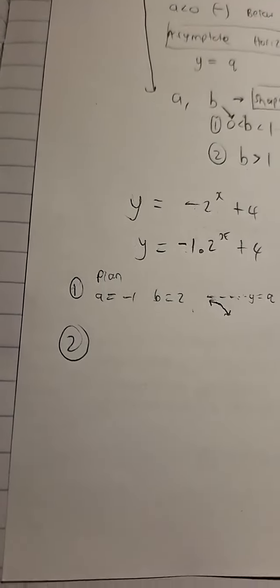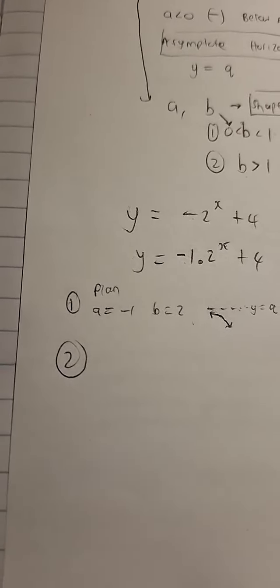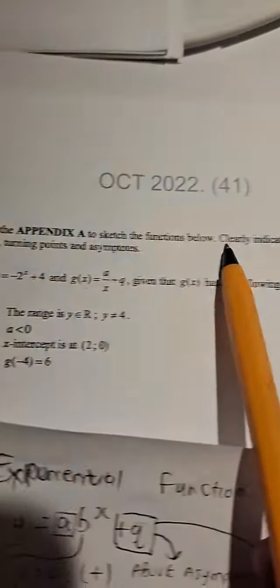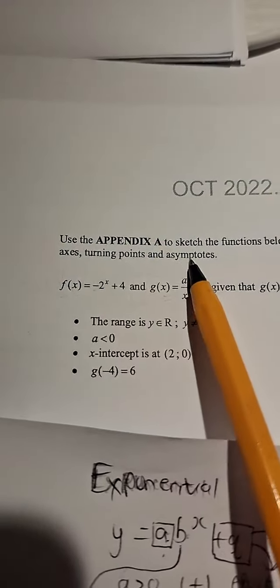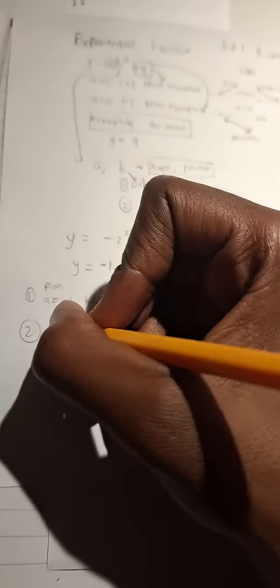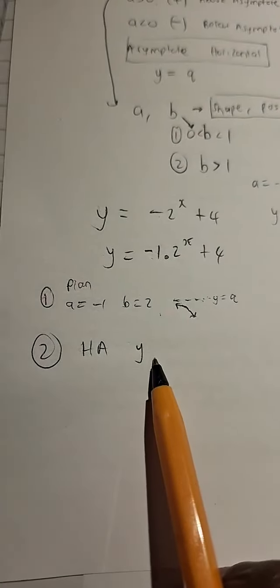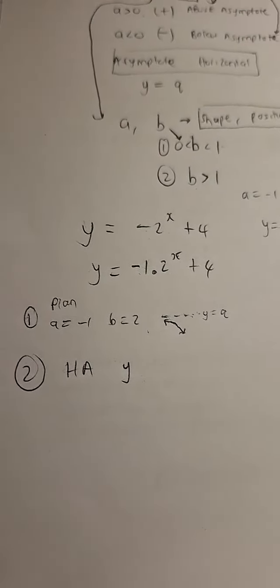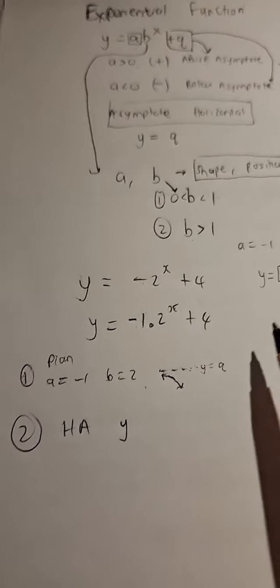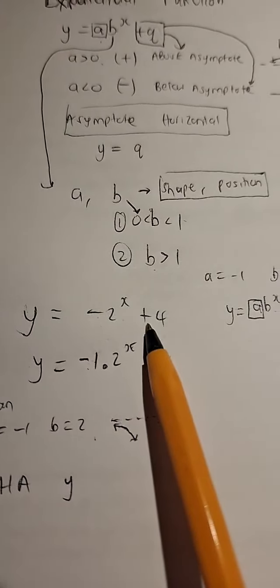But what do we need to find in order to sketch a function? Remember, there were a couple of things that they said. They said clearly indicate all intercepts with the axes, turning points, and asymptotes. Okay, so let's write down what is the horizontal asymptote of my exponential function. This was the function that I'm given.